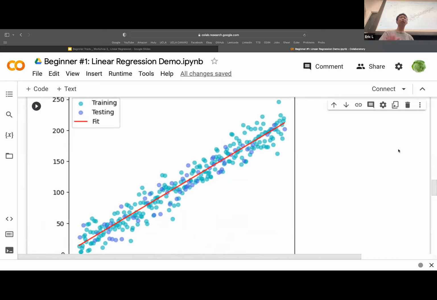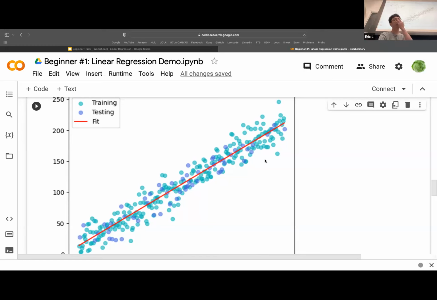But we have our training data, our testing data, and the line of best fit that our model has outputted. As you can see, it generally seems to follow the trend of our data. And this is the idea of a linear regression: you have a bunch of different data, and you try to output a very consistent trend across all of it. And that is an essential breakdown of the code.